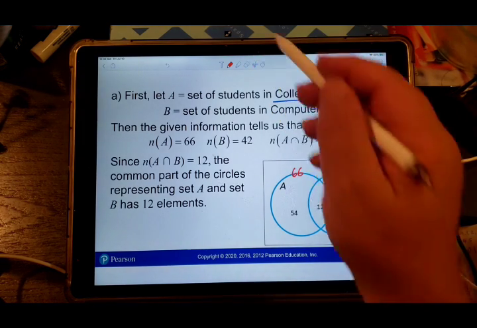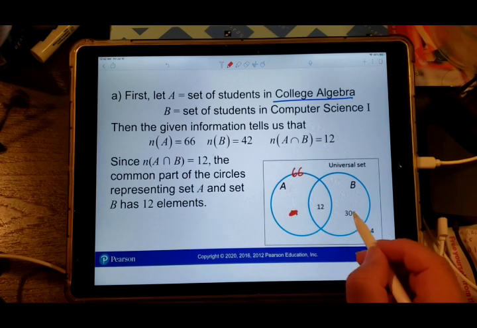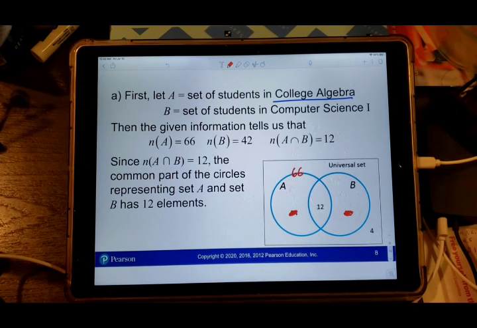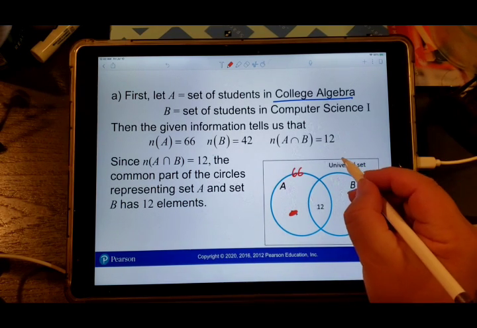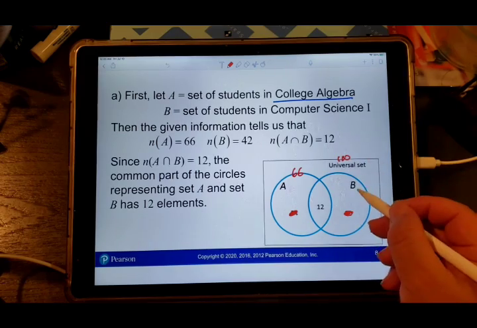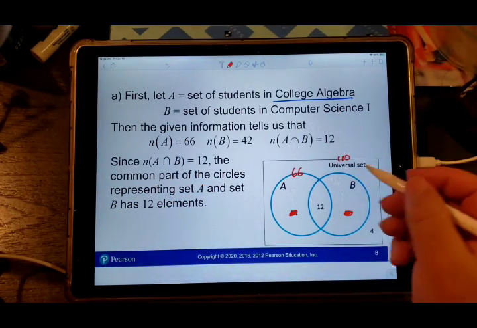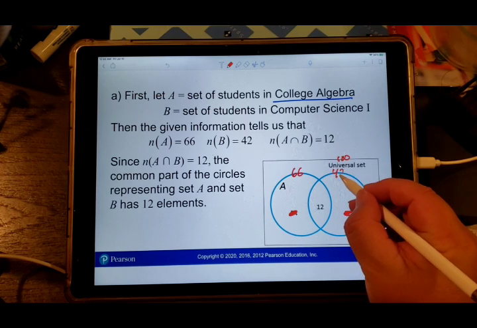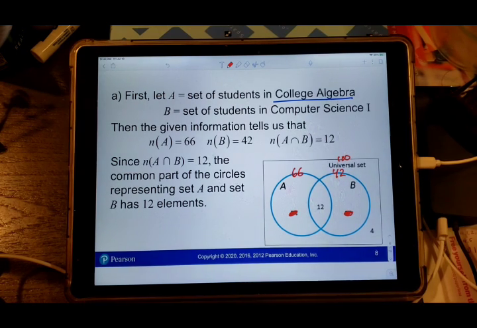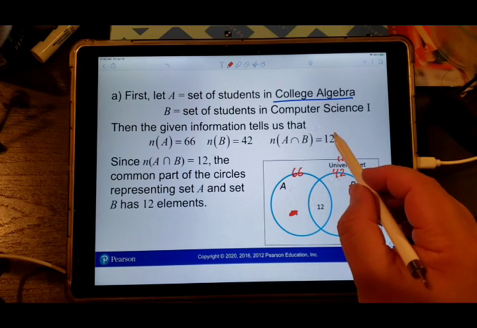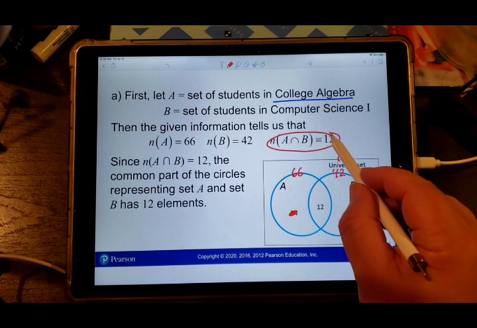By the way, let me cross this out so you don't know it's there. Universal set is 100. What about B? B is the number of students who took computer science. According to the question, they just gave us that number, 42. And then they told us that the number of students who took both classes is 12.